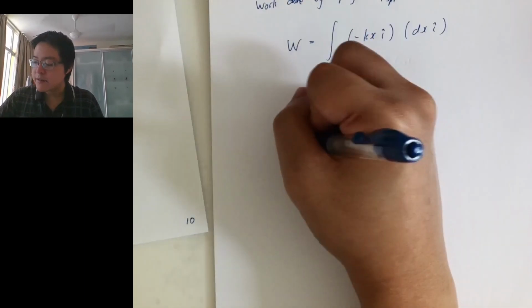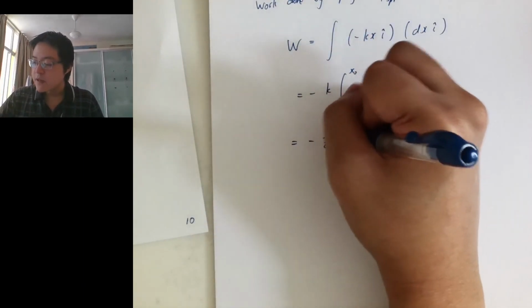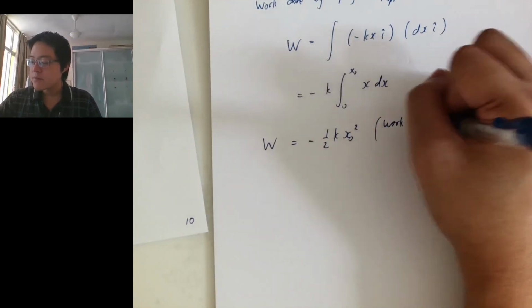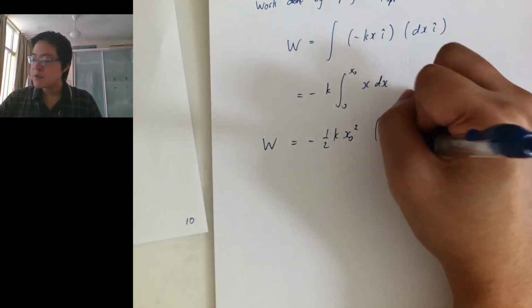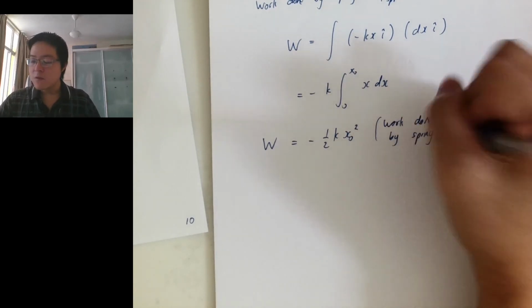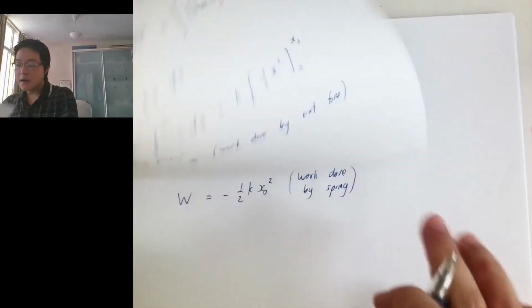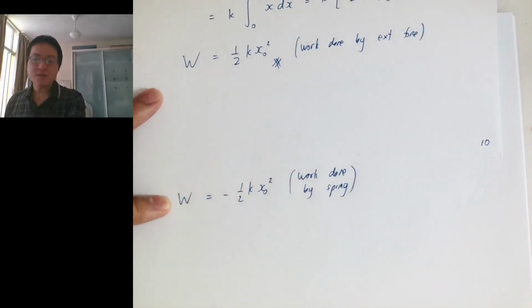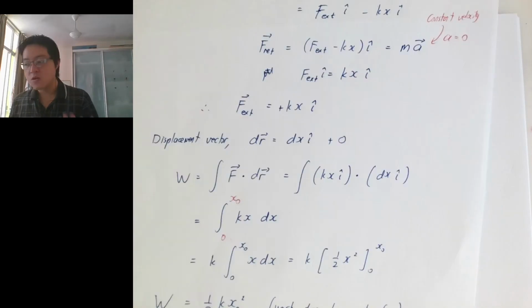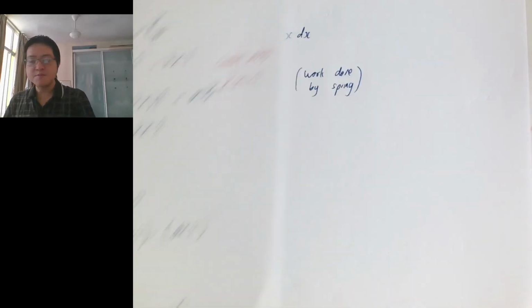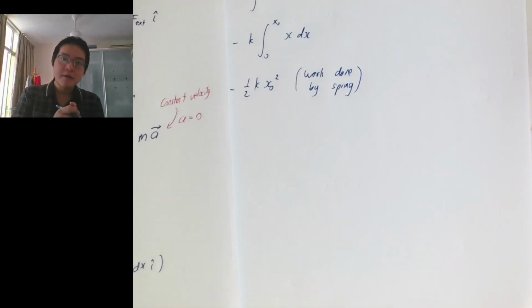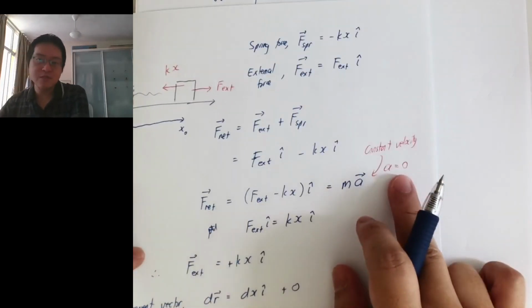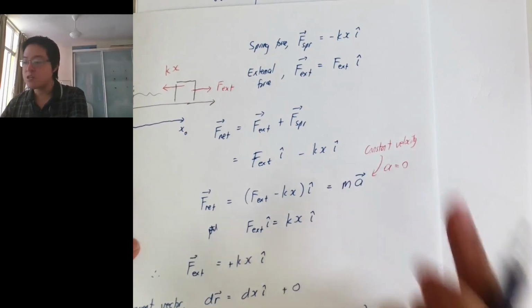So you get a negative answer, negative half k x0 squared. So this is the work done by the spring. What I want to say here is that each force, you can calculate their own work done. The total work done on the system is 0, because the spring force does negative work and the external force does positive work. They cancel each other out, which is also why the velocity did not change.